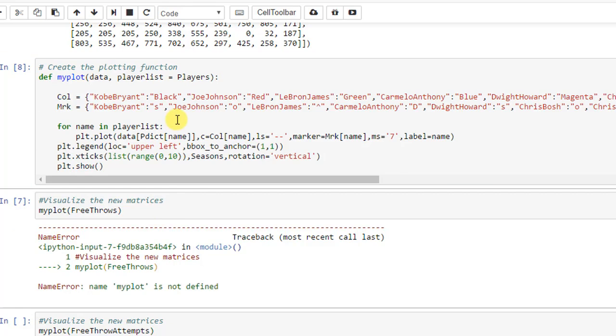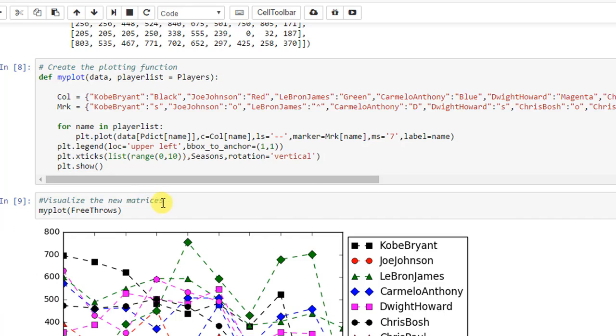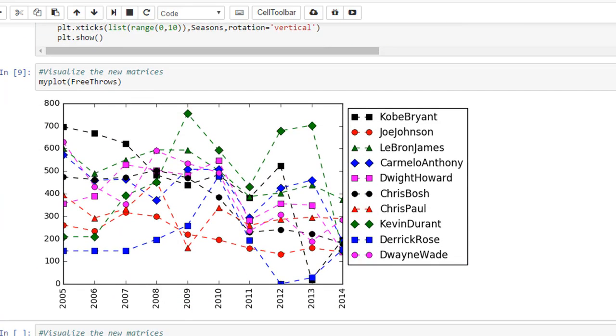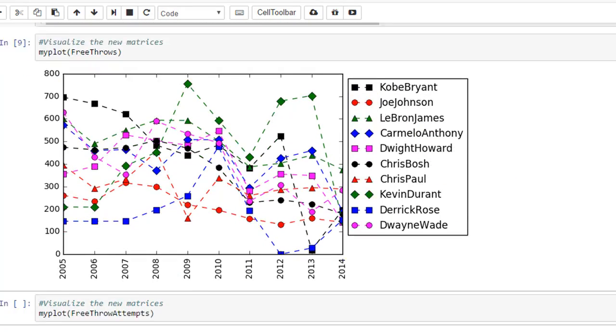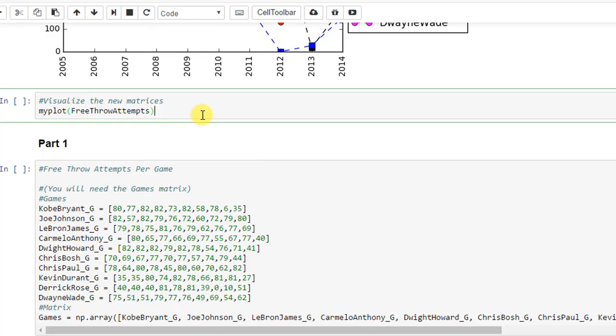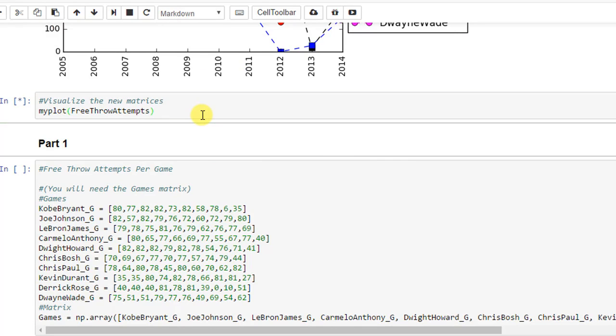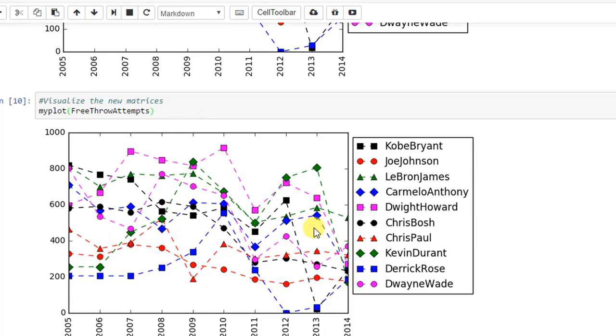We must create the function first, of course. All right. Okay, here it is, the data of free throws. Same color scheme and mark scheme that we saw in the lecture, and the same thing for the attempts. Seems pretty normal, no visible anomalies in the data.